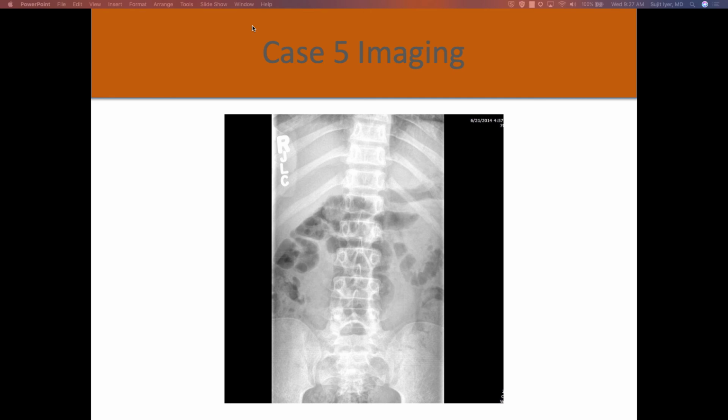So send that to the radiologist, and they're going to tell you, this is what I see. I see an X-ray of the spine. Clinical correlation required.